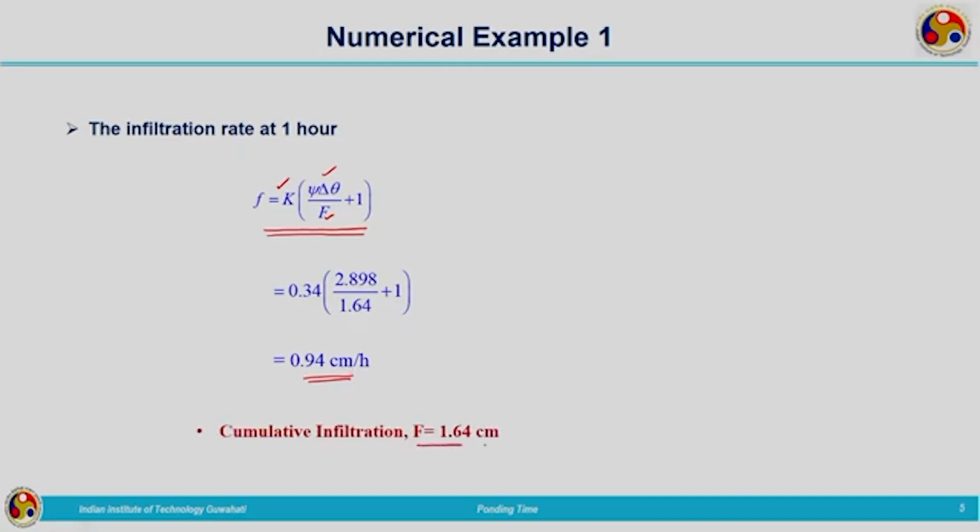Cumulative infiltration we have calculated as 1.64 centimeter, that is substituted over here in the infiltration rate equation to get the infiltration rate. So, in the Green-Ampt equation, we have made use of both the equations, corresponding to infiltration rate and also cumulative infiltration. In the cumulative infiltration equation, capital F of t is present on both sides of the equation.